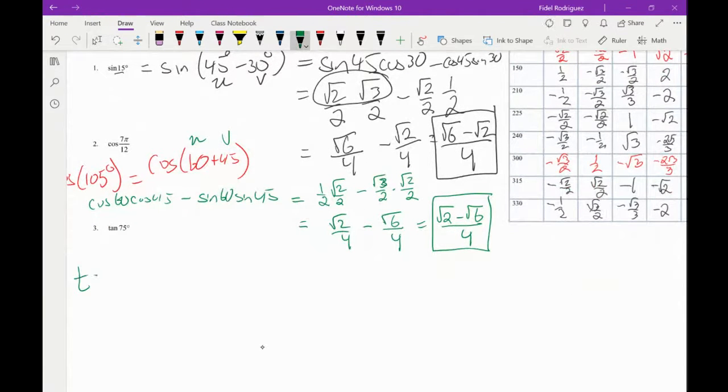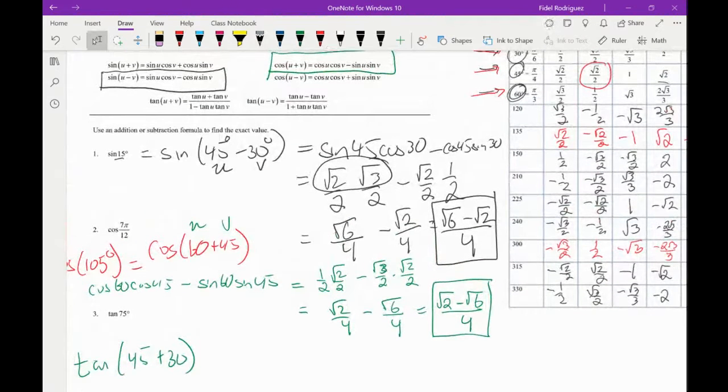So this is the same thing as the tangent of 45 plus 30. Then what we're using is that formula right there, right? This is my u, that is my v. Okay, so I'm going to write it out.